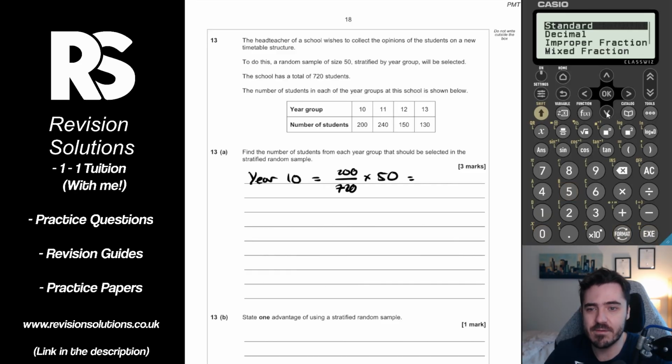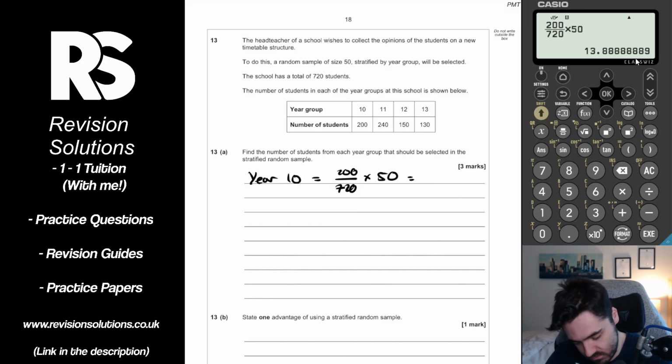And then we can't have non-integer values because it needs a sample of people. So we're going to round to the nearest integer on each of these. So that would be 14. And then we'll go back and do the same calculations. Let's just write the calculations out quickly.